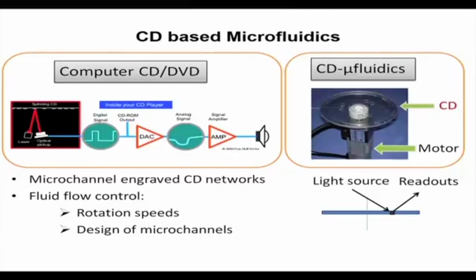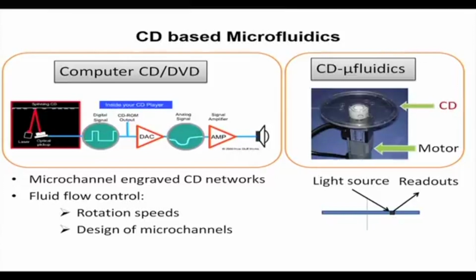It is just the shape, but if you can somehow combine the optics that you commonly use for the CD platform with the fluidics that you have in a rotational platform, then you can use this for detection of several things in a very smart optical environment.